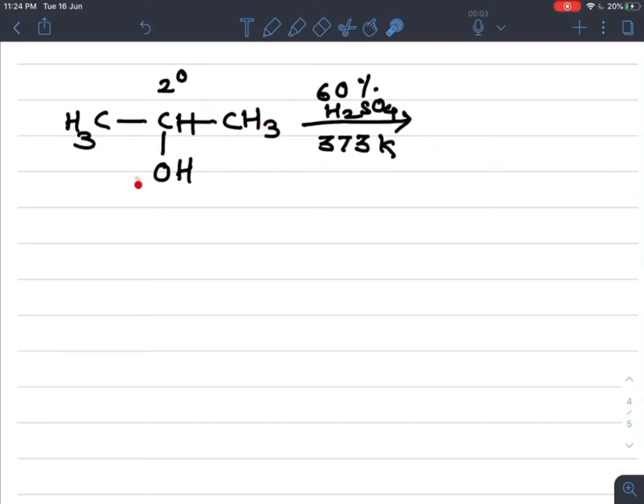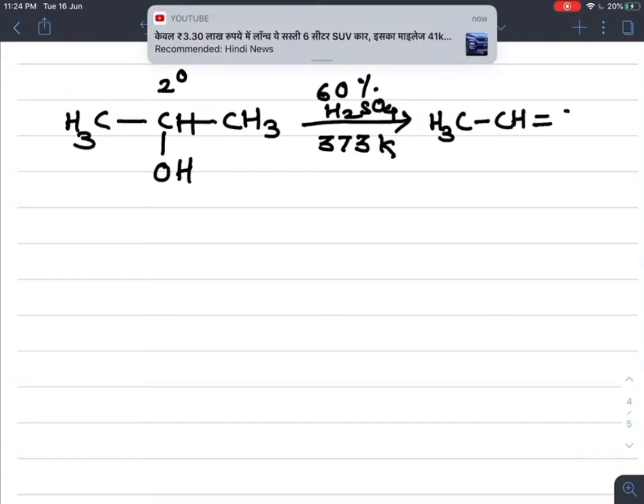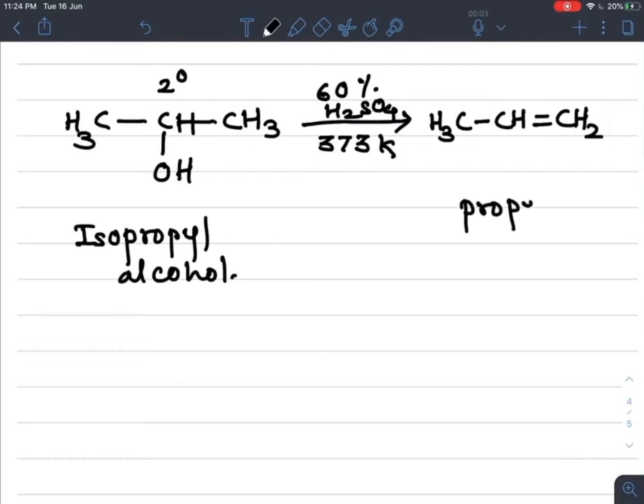If we remove it from this carbon, what do we get? Here CH3 as it is, here CH=CH2, that is propene. So isopropyl alcohol or secondary propyl alcohol is finally converted into propene on dehydration, and the byproduct is H2O.